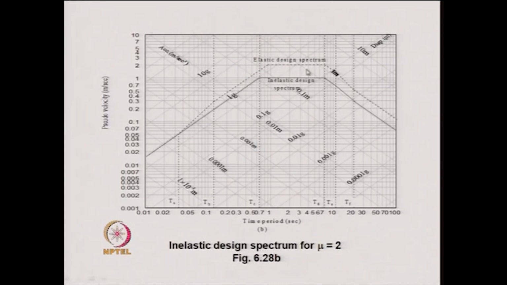From that elastic design response spectrum, by dividing the ordinates by appropriate functions of mu, we obtain the inelastic acceleration part, then the inelastic velocity sensitive region, and then the inelastic displacement sensitive regions using the factors that I had discussed before.